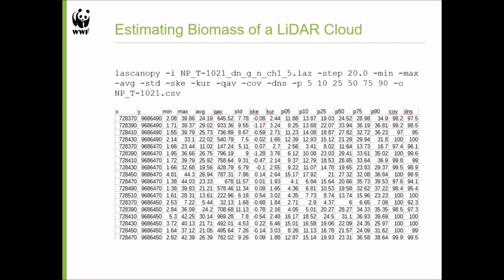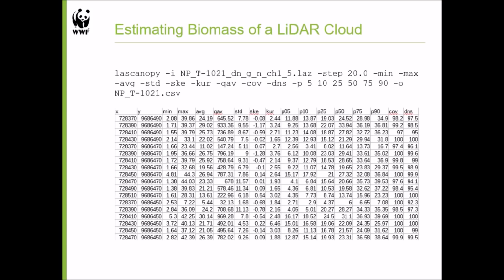When we open the CSV file, I can see the X and Y columns. The X and Y columns are the centroid of the cell, okay? And then we have the statistics for each cell, the number for each statistic that we calculate. So now we just use these parameters. We put these parameters on the equation that we choose, the model that we create, or the model that I'm using, in our case, the long model, and then we estimate the biomass of the transect.